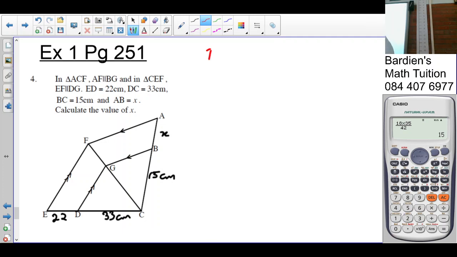Which triangle are we going to work with first? EFC. What can we say about this triangle here? ED over DC is equal to FG over GC. You all got that, no? Let's take it off.